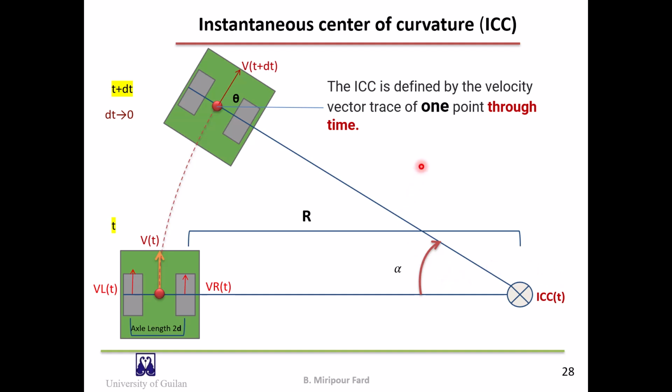It's worth noting that here there is a relation between alpha and theta. Theta is equal to pi over 2 minus alpha. We will use this in the next slides.